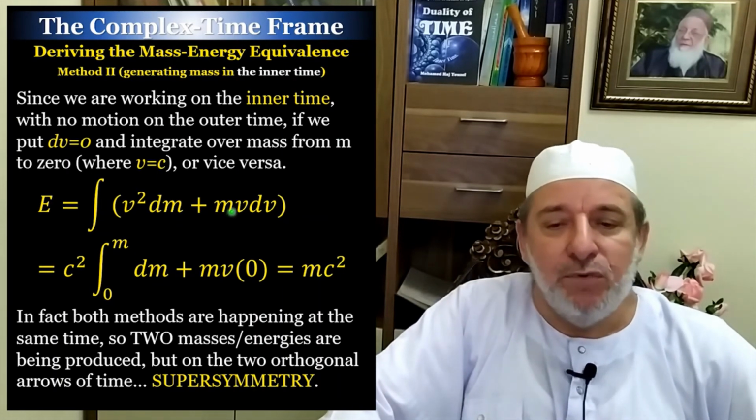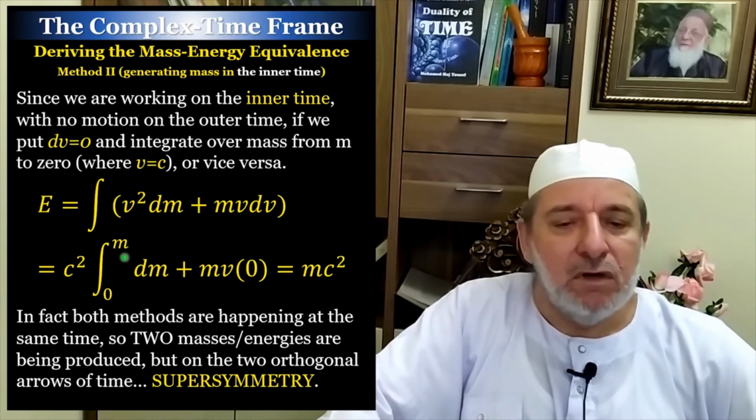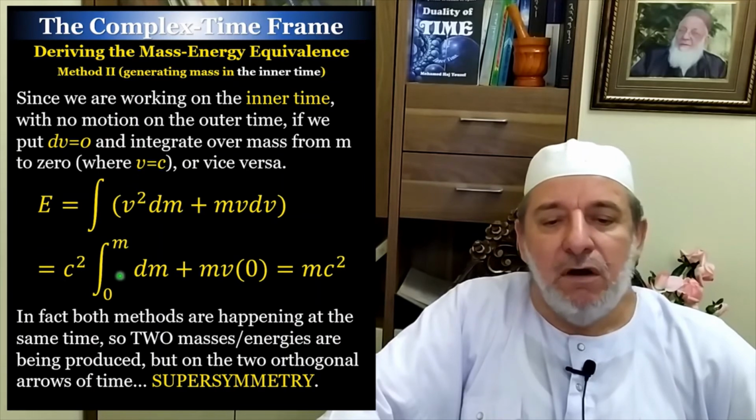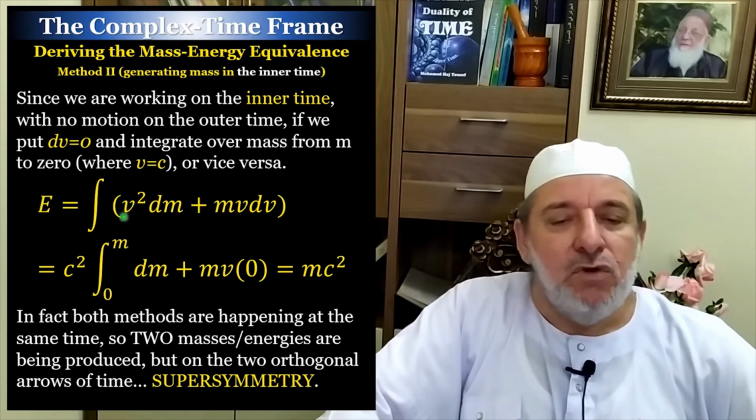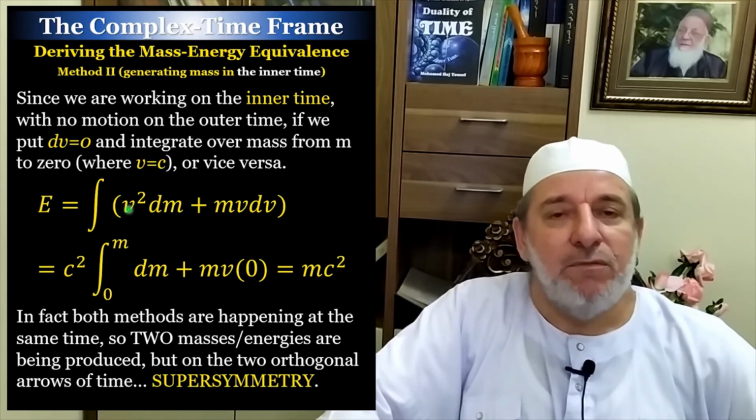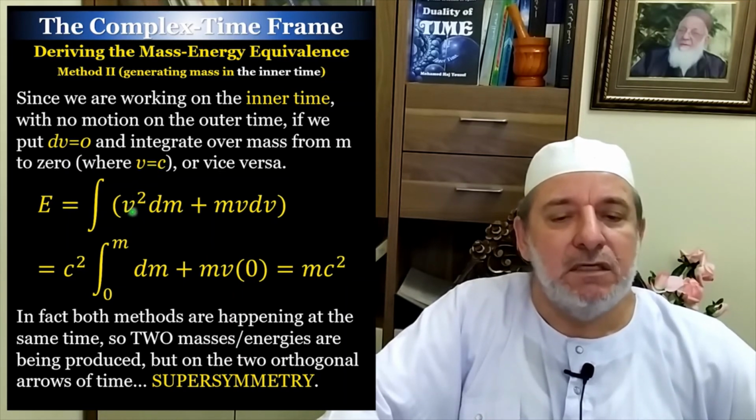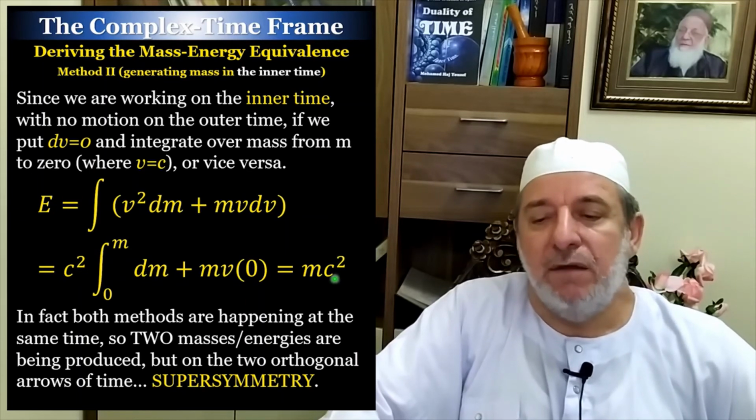And therefore here it's the opposite case. This one will be 0 and this one will be c squared, because in this case you are moving only at the speed of light, because you are moving in the inner level of time, so always v is c. So this c squared is constant, and you integrate from 0 to m, you will get m.